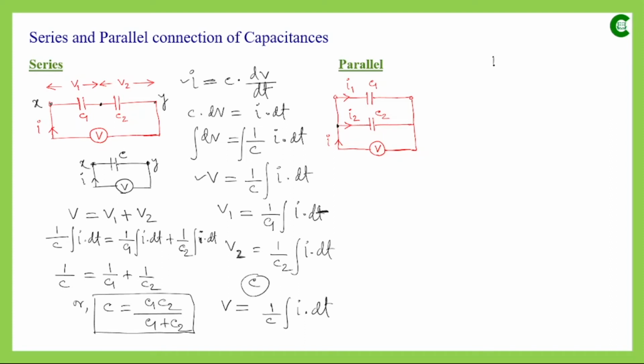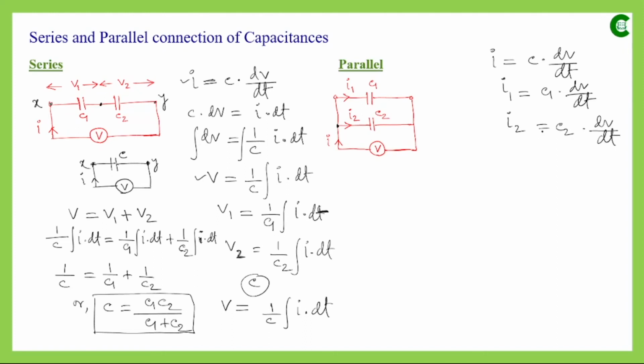Now it will obey the same formula. I will be equal to C dV by dt. This is the relationship between I and V in case of a capacitor. So individually, I1 will be equal to C1 dV by dt, and I2, the second current flowing through the second capacitor, will be C2 into dV by dt.